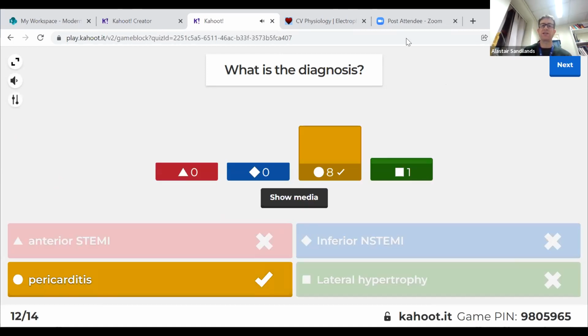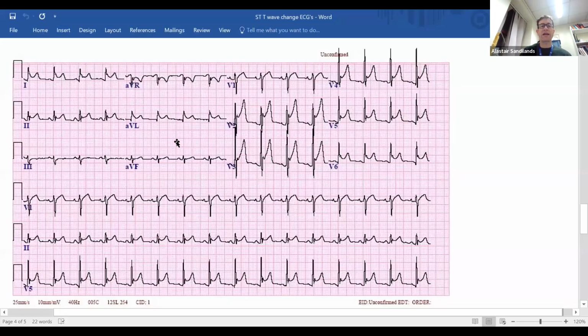Let's have a look at that ECG. That's probably why I asked why, there's so many leads that have got ST changes, 9 to 10 of them. The ST changes are very saddle shaped. You get ST elevation like a horse saddle if you look at it from the side. So, these are very saddle shaped.